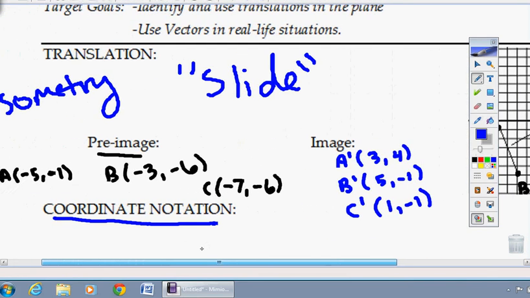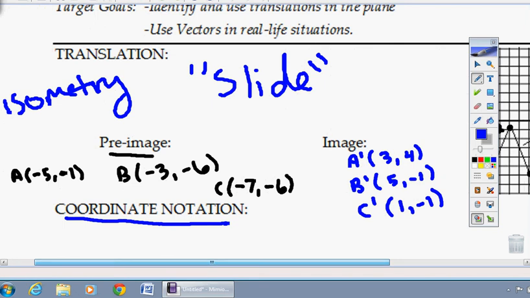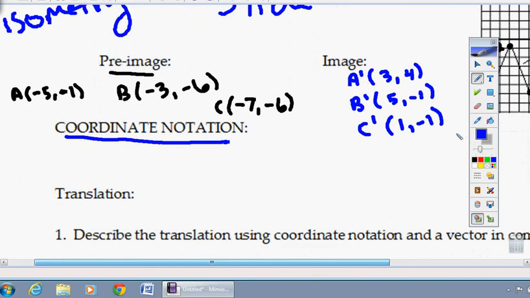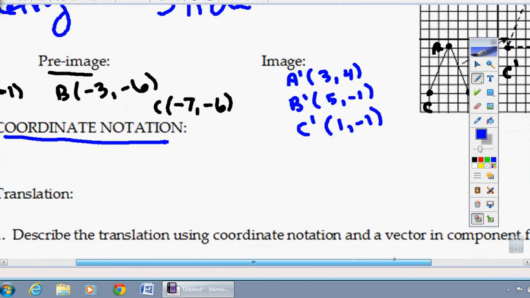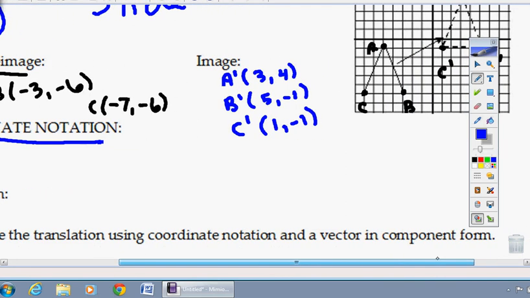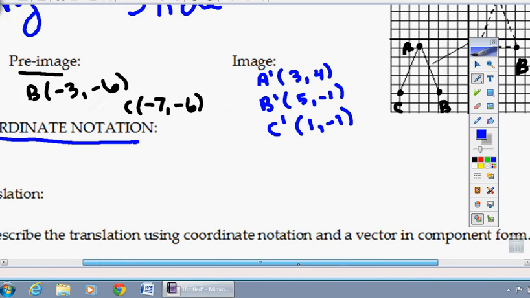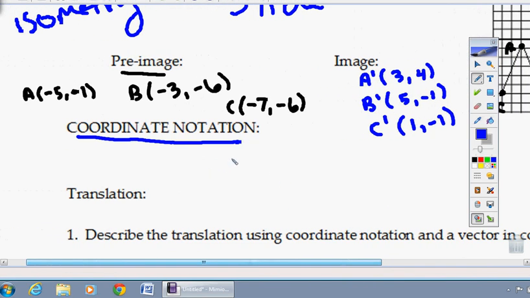So when we write our translation in coordinate notation, coordinate notation is just a way for me to write how I got from A to A prime, or B to B prime, or C to C prime. It's basically saying, how did my pre-image get translated to be my image? The way we write that in coordinate notation is this.